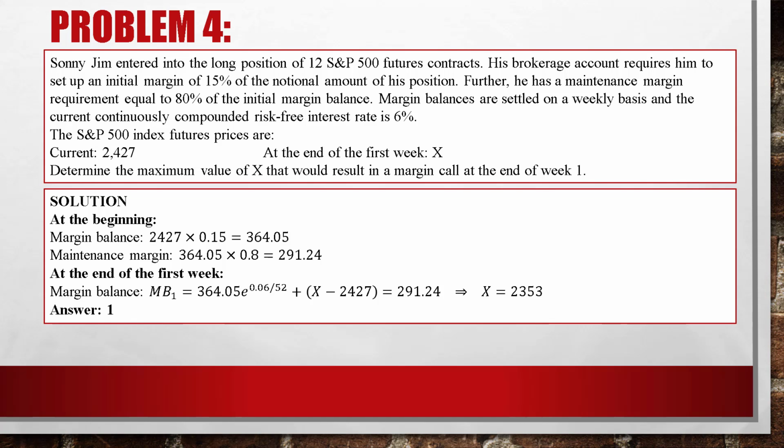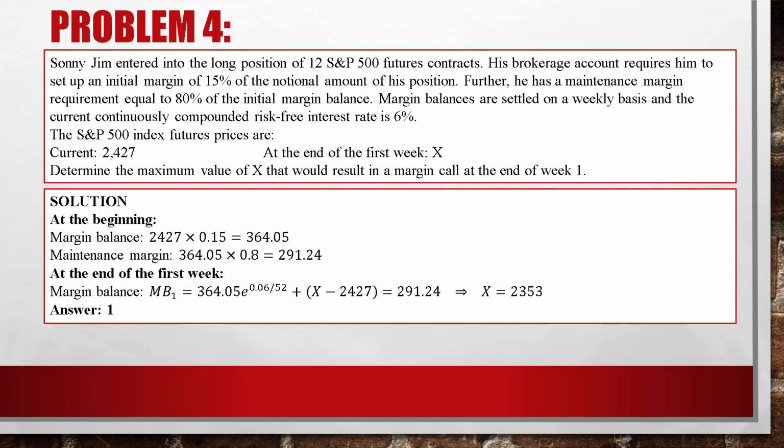Then at the end of the first week, the margin balance MB1 is equal to 364.05 e to the 0.06 over 52 plus X minus 24.27. Because 364.05 is the initial balance. T is 1 over 52 because a year has 52 weeks, so a week is 1 over 52 year.